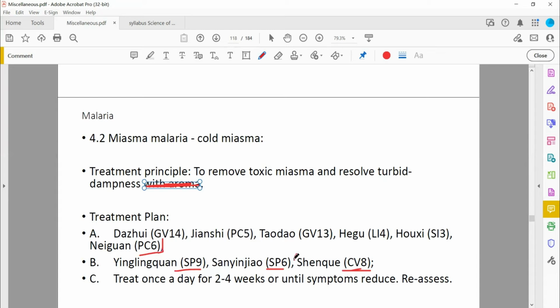So CV8, how to use this point? For moxa. Right, when you see CV8, use moxa. So that means use moxa, because it's cold, right? Cold miasma. So that's why we use moxa, to dispel the cold.